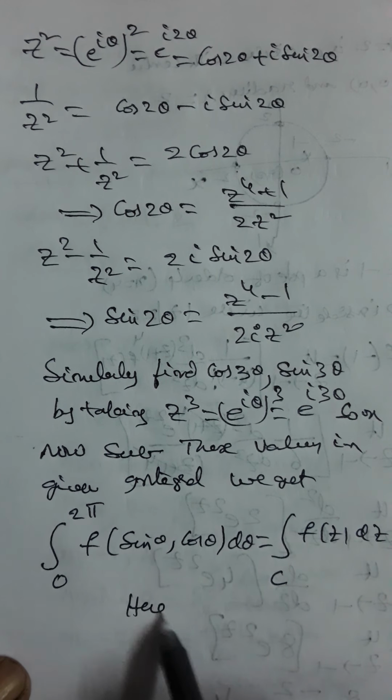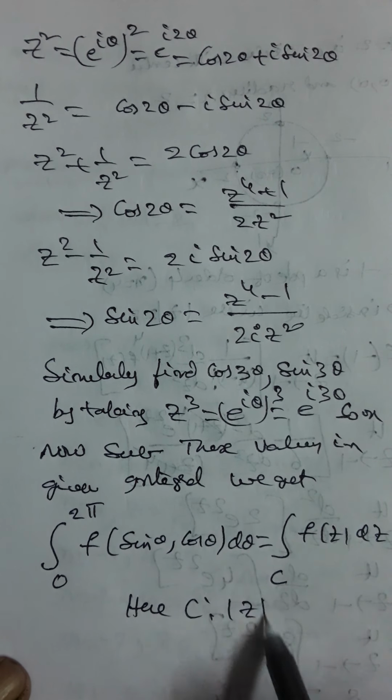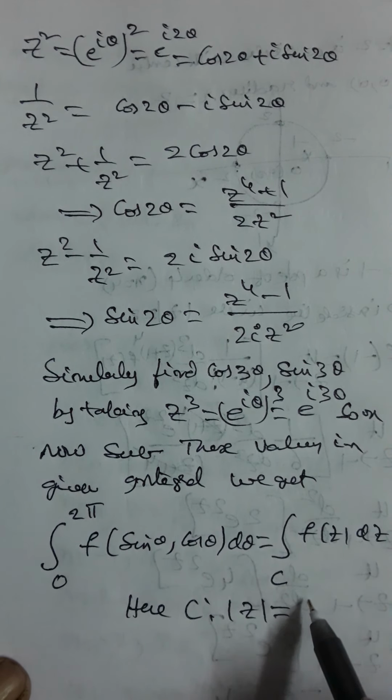Here C is such that |z| = 1, the unit circle. The circle is always the unit circle. So |z| = 1.